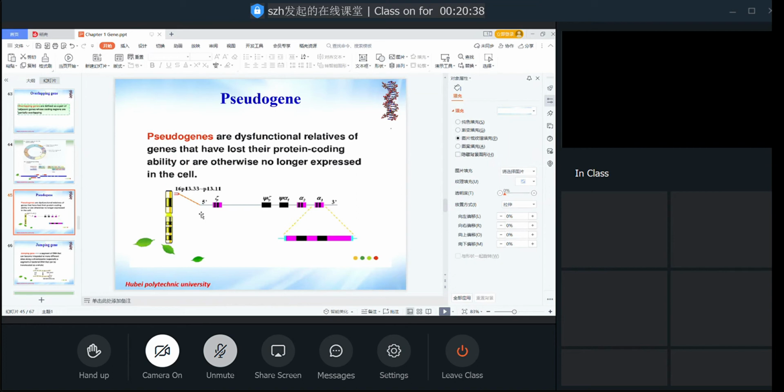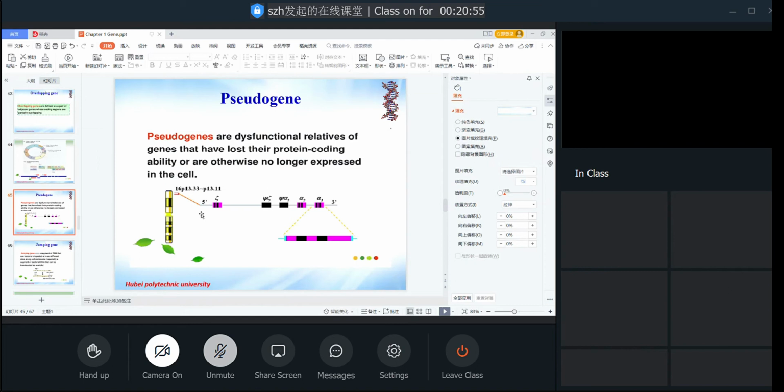We also study that for a person during development and growth, you can notice the hemoglobin composition may change. Why?